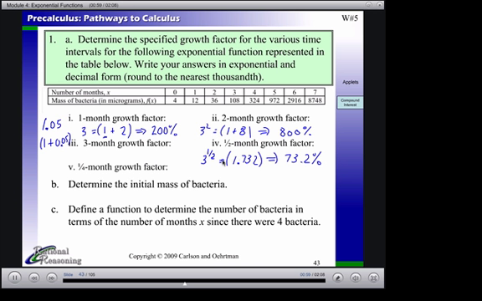What's your last name? Olivia? Okay, gotcha. Tanner?